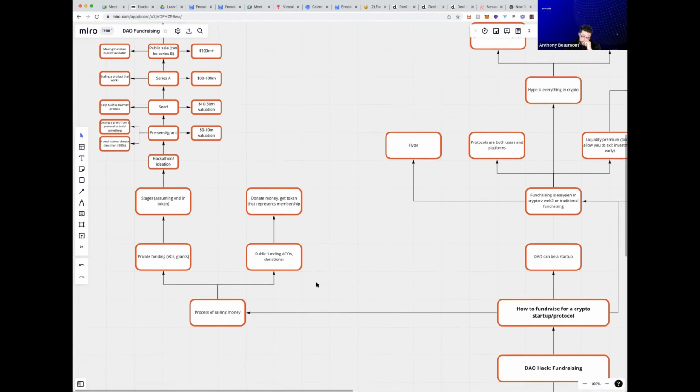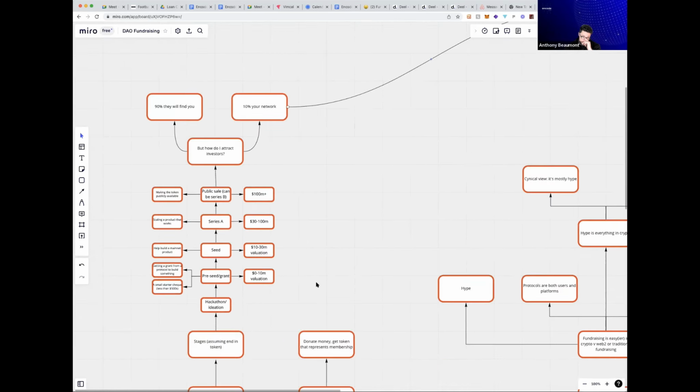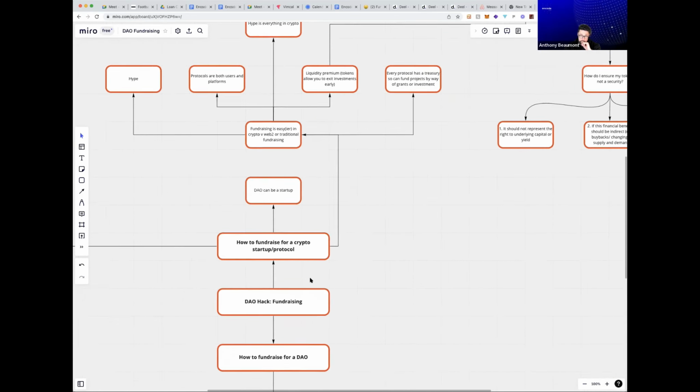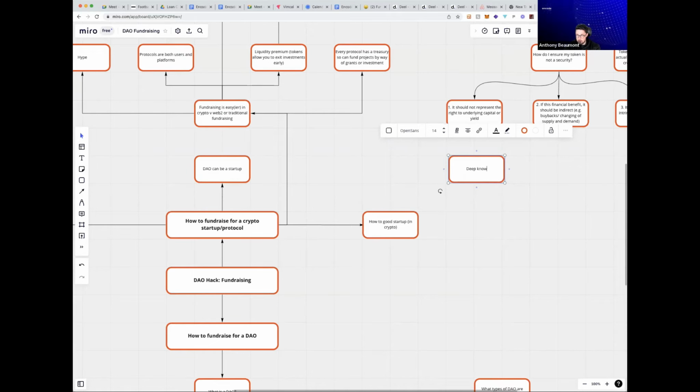There's a question here, which is what are the components to consider to build a great startup? I'll talk about that for now. Why don't we go over here? How to build a good startup, I'll call it. So one, I think the most important thing, I'm going to say in crypto, is to have a deep knowledge of crypto, both how the market works, the discussion and narrative, and most importantly, technically.